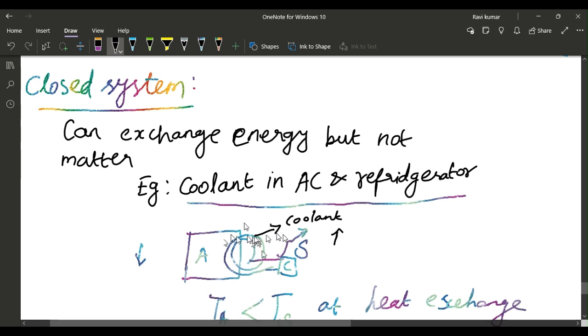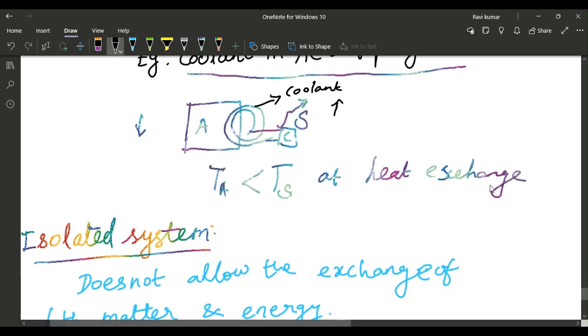So this coolant does not add any matter during the process, but still the heat energy is exchanged during the work done. So this is an example of a closed system.